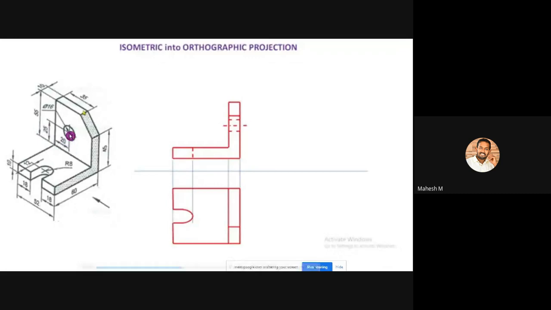So you can mark the center point with a width of 20 mm from this. Okay, so from this corner you can create an axis with a distance of 20 mm, and the diameter is similar, that is 16 mm diameter.